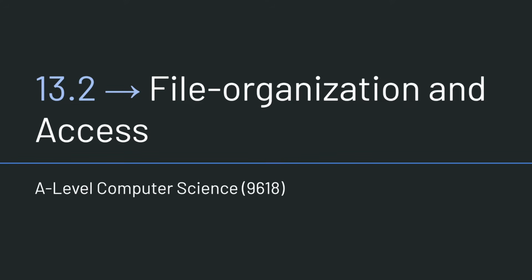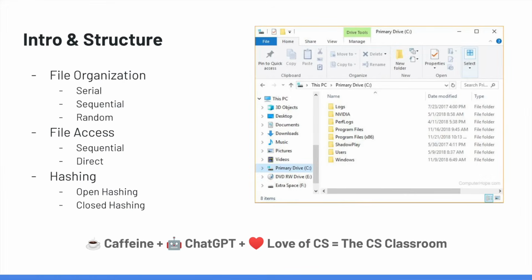Okay, now let's take a look at part 2 of topic 13, file organization and access. In this section, we're going to talk about how data or records are stored in files. So for example, if we have a .txt file, we're going to talk about how individual records, which may be letters or other pieces of data, are stored in that file. So first we'll talk about how they're organized in that file, looking at 3 different methods.